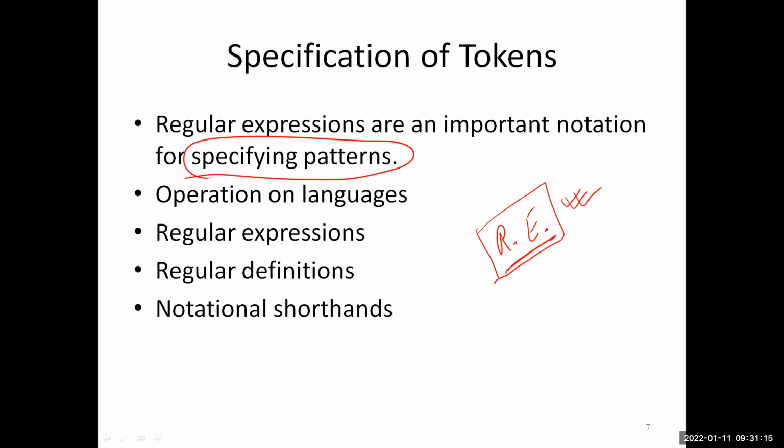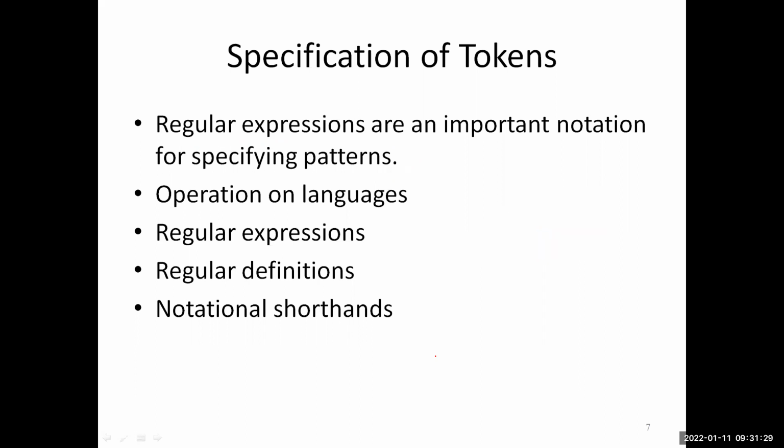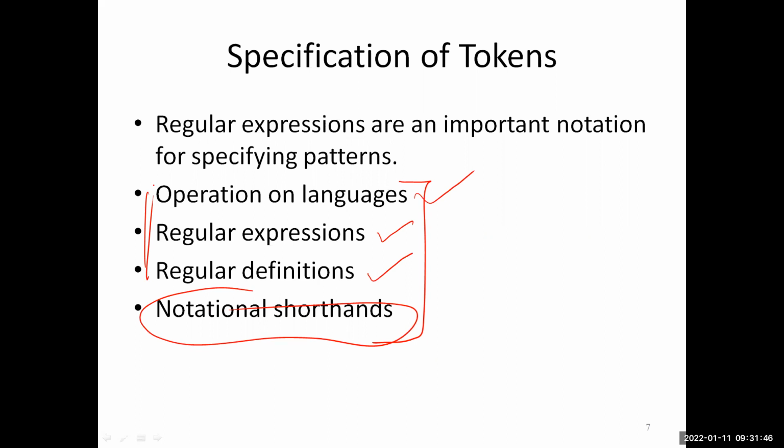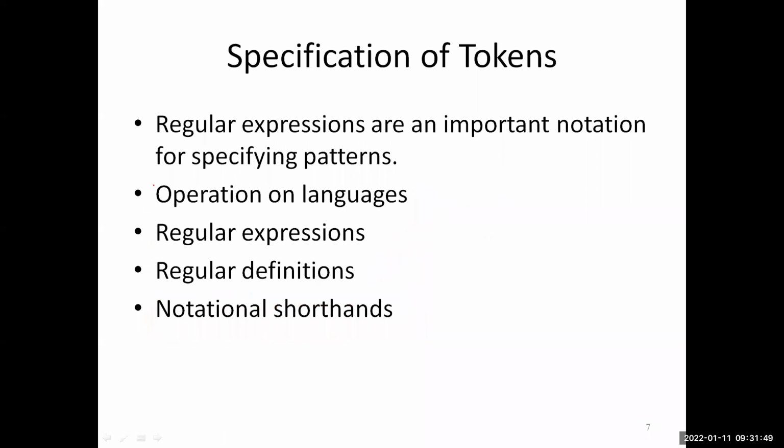If a regular expression is available, it is much easier for us to match with the help of a non-deterministic finite automaton or a deterministic finite automaton. If you remember, these are the basic factors we discussed in finite automata: operations and languages, regular expressions, regular definitions, and certain notations supporting the previous three elements.